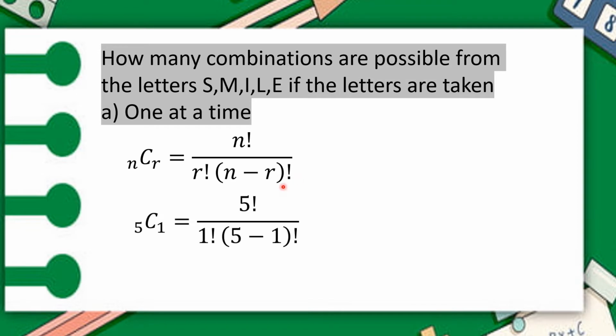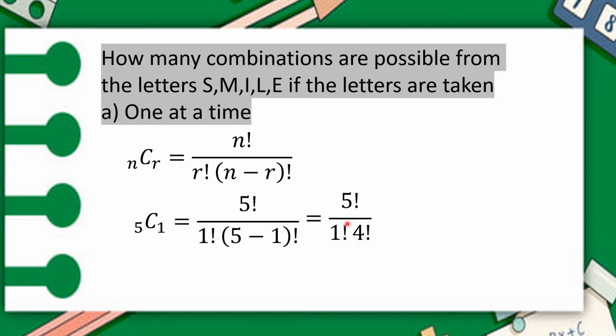N natin will be 5 and r will be 1. So, substituting the value of n and r from this formula, we will have 5 factorial over 1 factorial times 5 minus 1 factorial. So, 5 minus 1 is equal to 4. So, we have now 4 factorial here at the denominator.